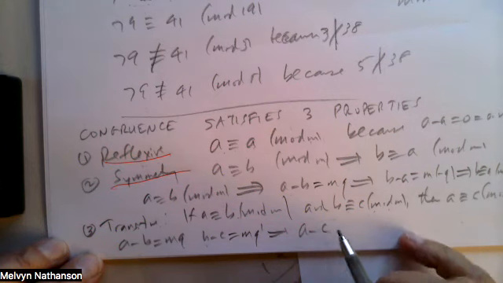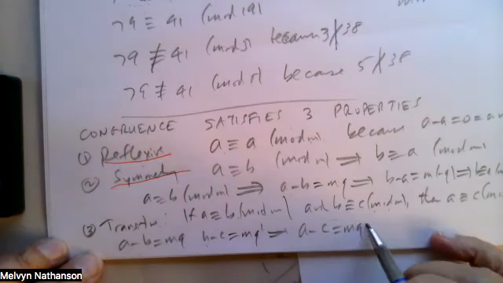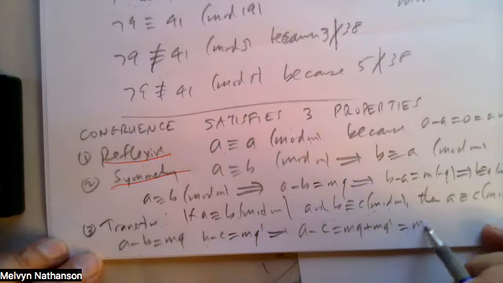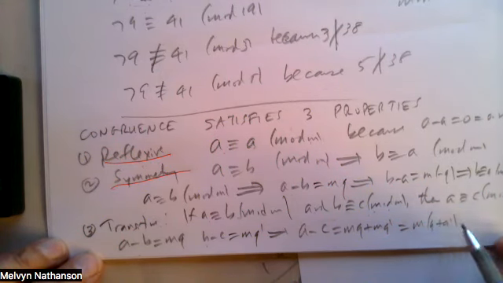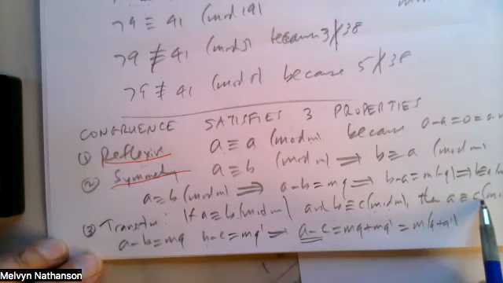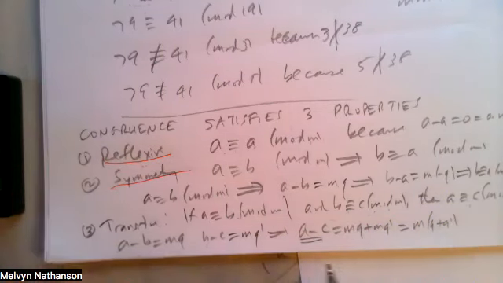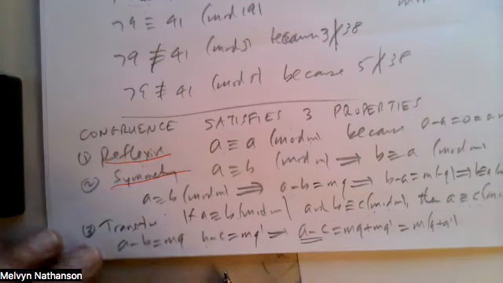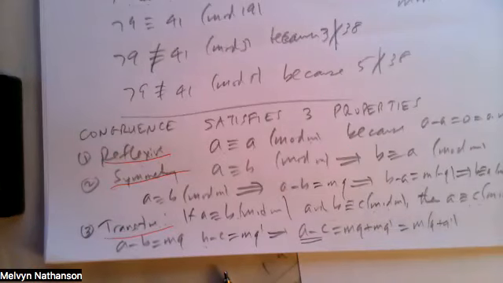I get A minus C is MQ plus MQ prime, which is M times Q plus Q prime. So M divides A minus C. So A is congruent to C mod M. So these are basic properties of congruence, which allows us to do a lot of nice arithmetic.